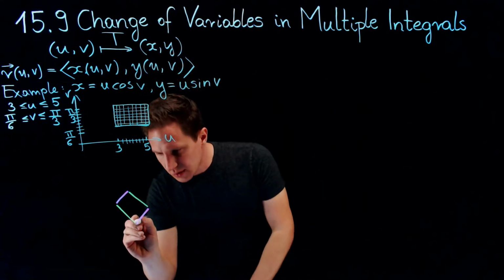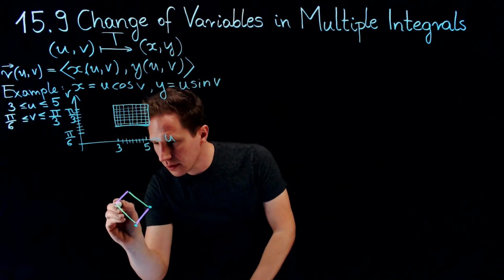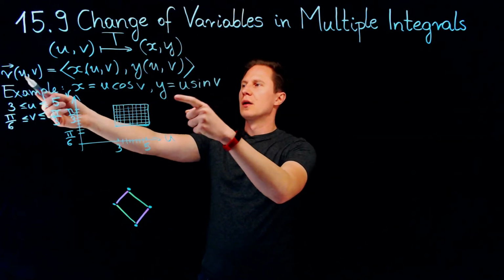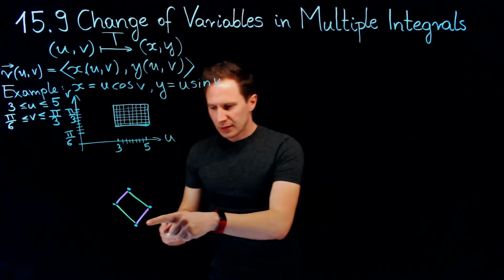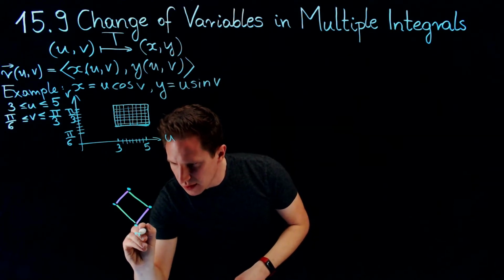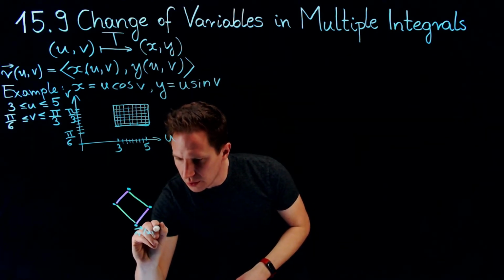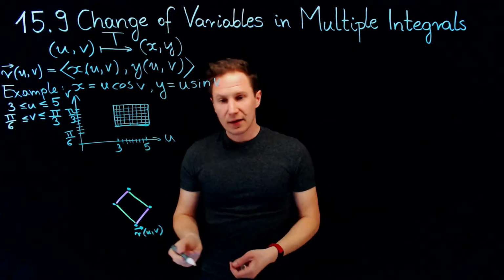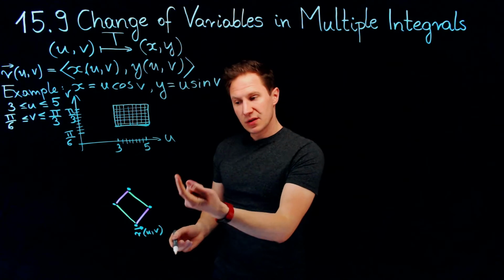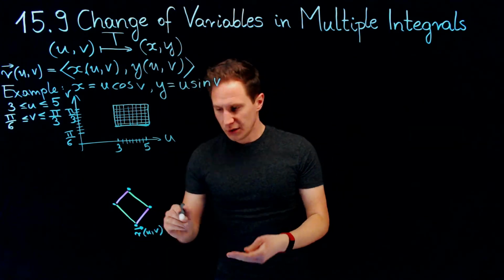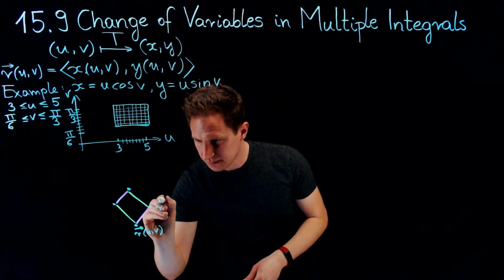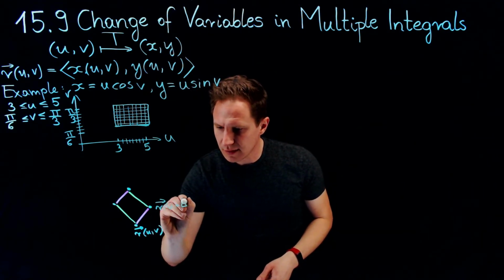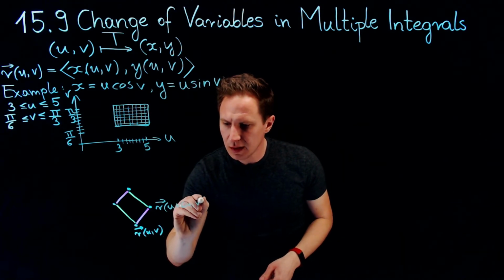To do that, we just have to look at these corners and realize that if this corner corresponds to the vector r(u,v), then if I nudge in the u direction, which is the radial direction, by delta u, I get to that point, which is given by the vector r(u + delta u, v).